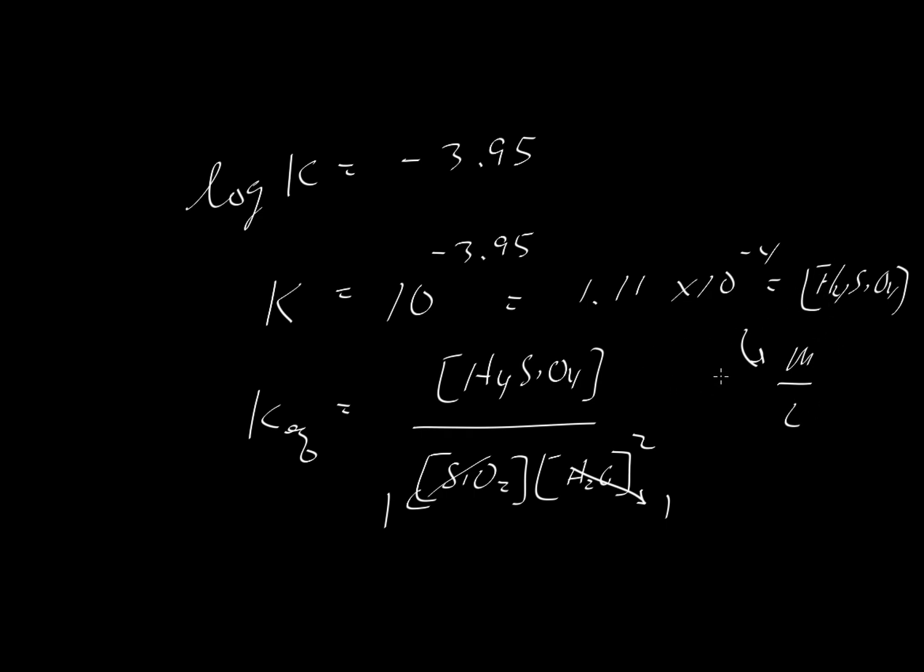What if you want grams of H4SiO4 in solution? Then we can erase the chalkboard. So we have 1.11 times 10 to the minus 4. That would be the concentration of the H4SiO4 in moles per liter. And then we'd multiply it by the molecular weight.